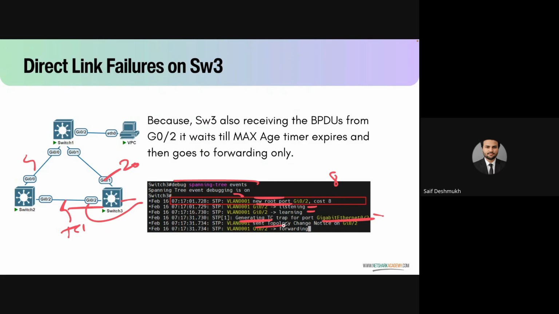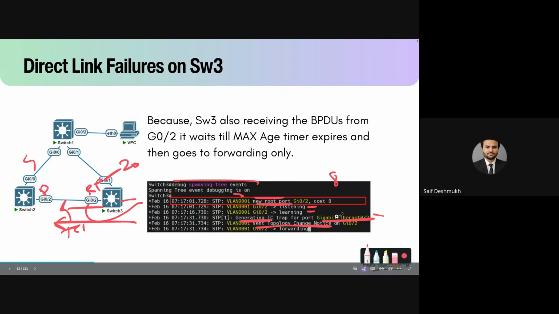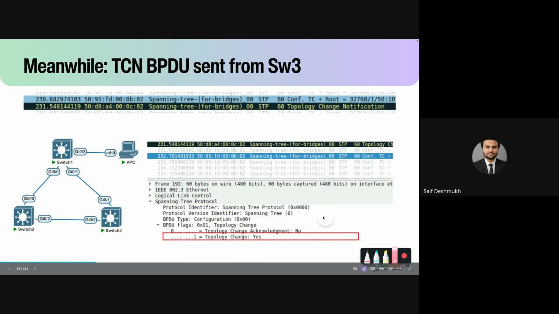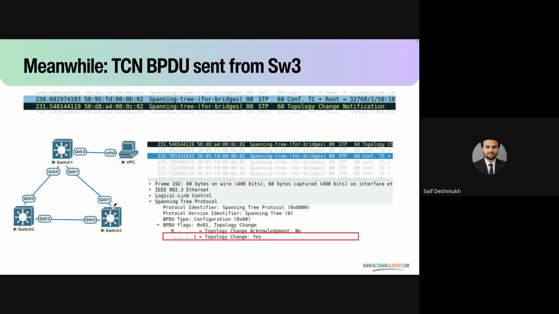I sent a TCN BPDU on 0/2 on this interface, because now this is my root port, and switch 2 received it. Here's the thing. The problem with this is that if I had something connected here, switch 1 would always send the traffic on this side even if this link was gone, until 300 seconds, which is 5 minutes.